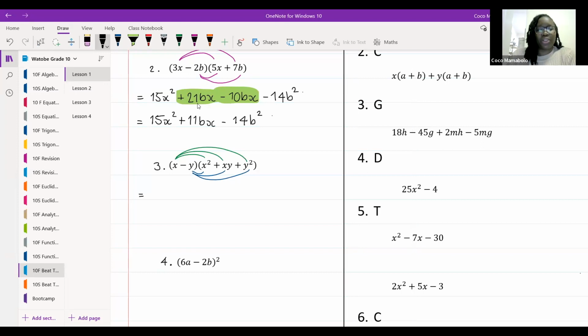Ready? Tell me what to write. 3, no, ma'am. X cubed. Good. Plus X squared Y. Good.